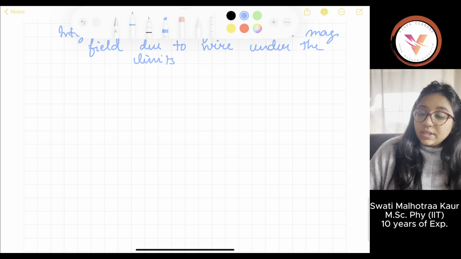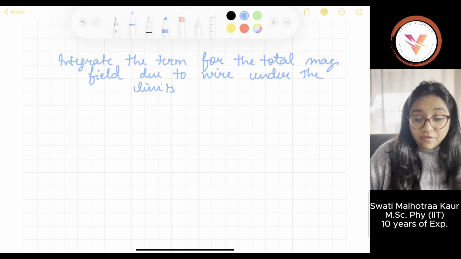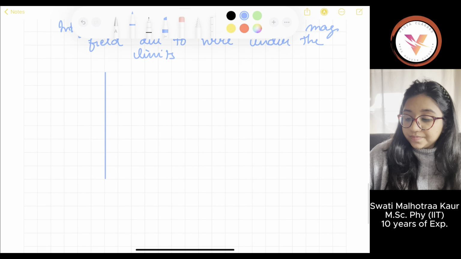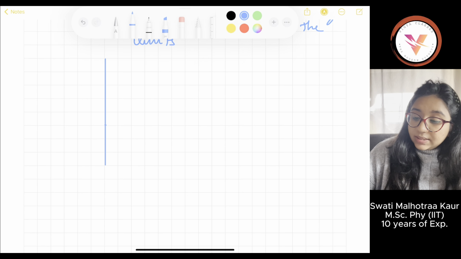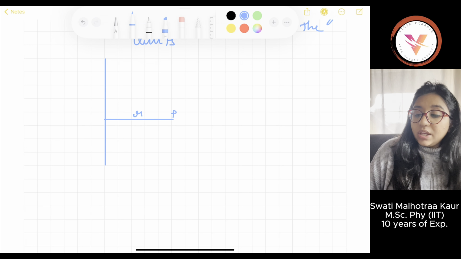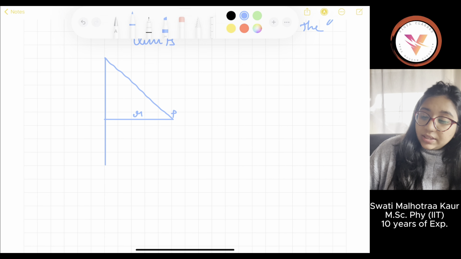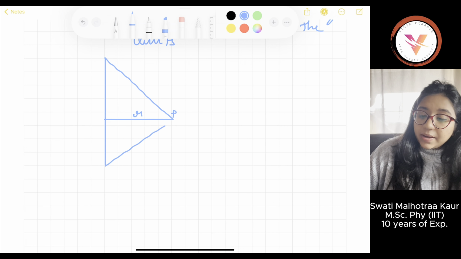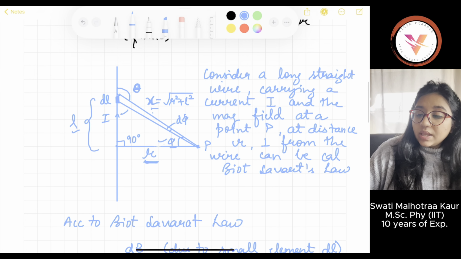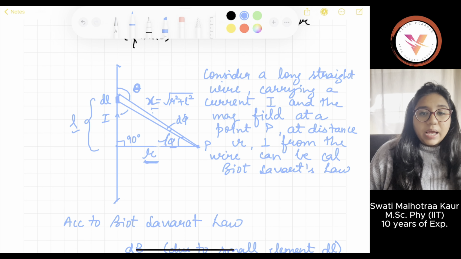If I want to check the limits, then we have to put the limits of phi. So if this is my wire and this is the distance R to point P, let's join these endpoints because my phi will move from this point till this and also to the other end.